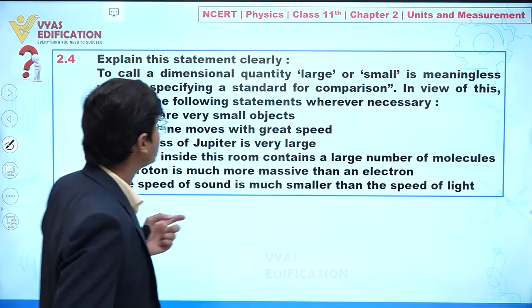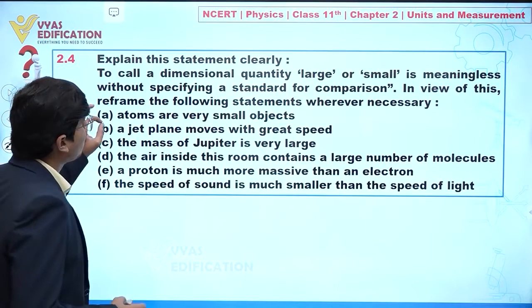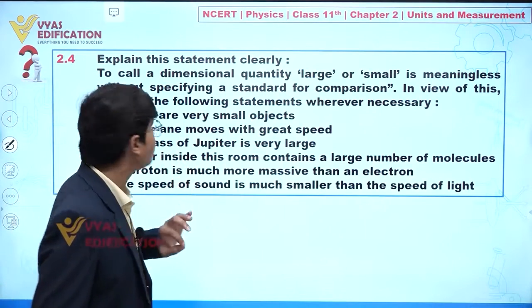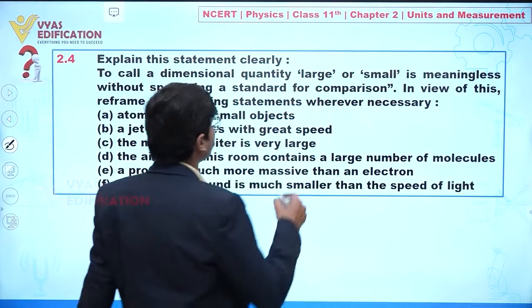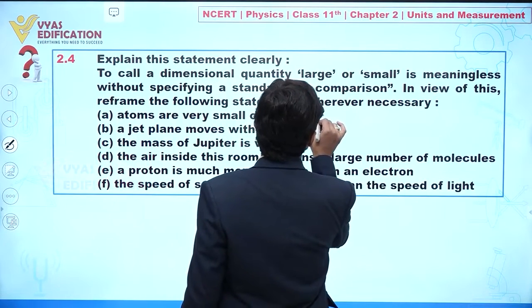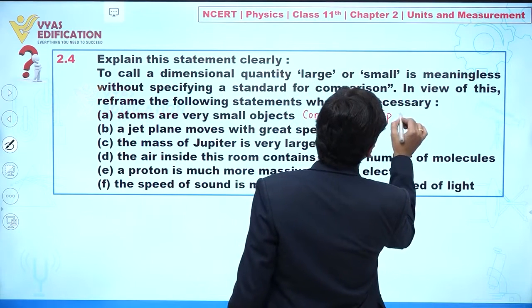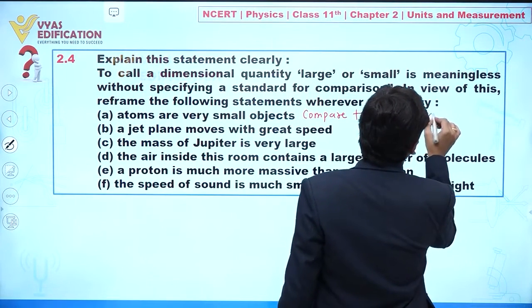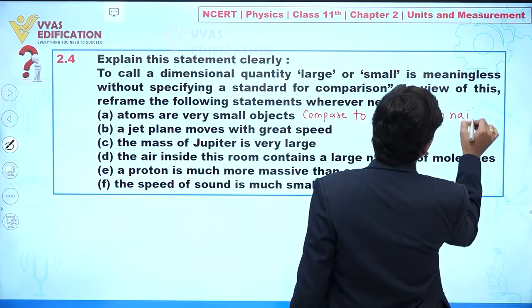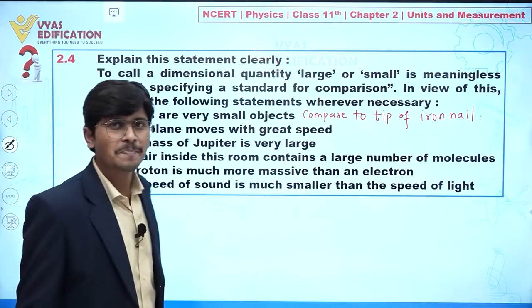So we can reconstruct this statement: atoms are very small objects compared to the tip of an iron nail. Now this is a complete statement.